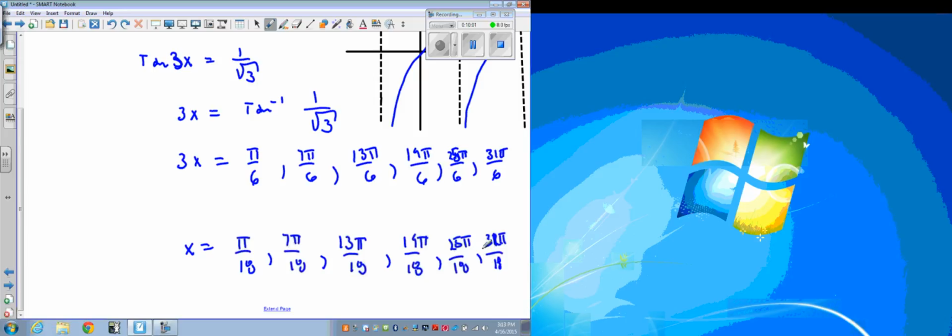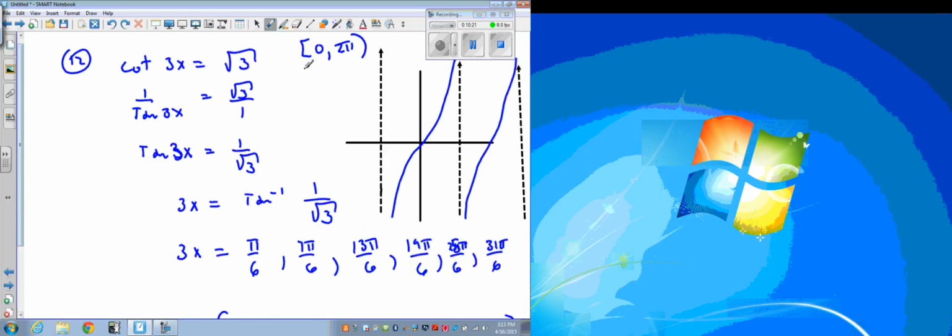See, 2 pi would be 36 pi over 18, right? So if I added 6 more here, I'd be 37 pi, and that would be too far, since it's 0 to 2 pi.